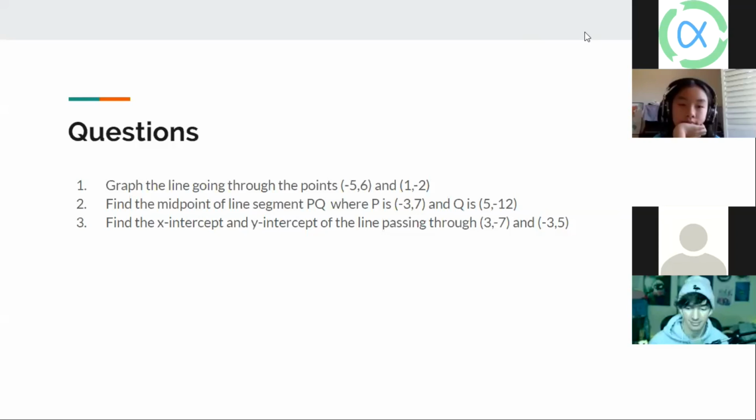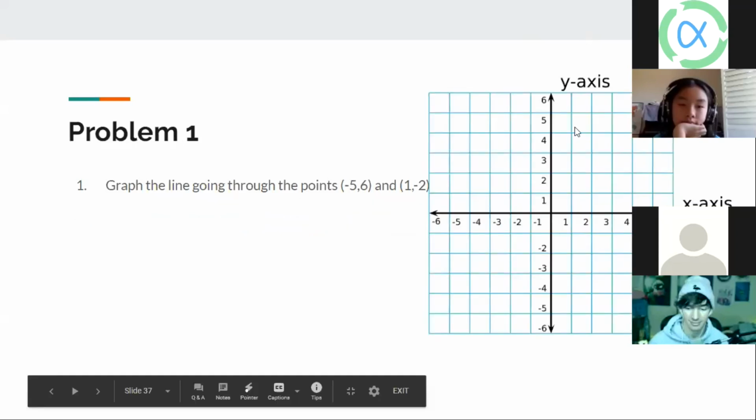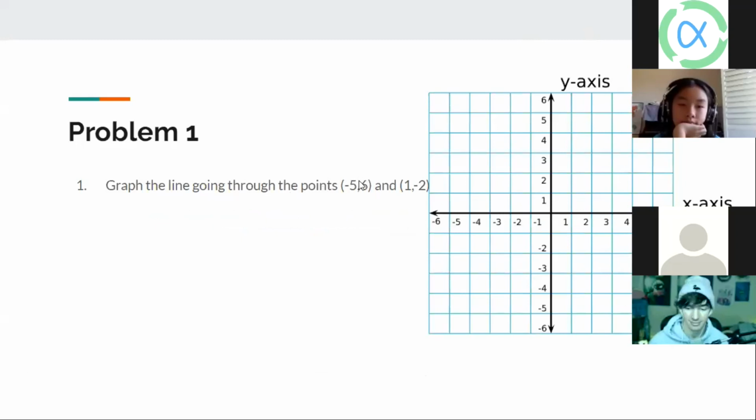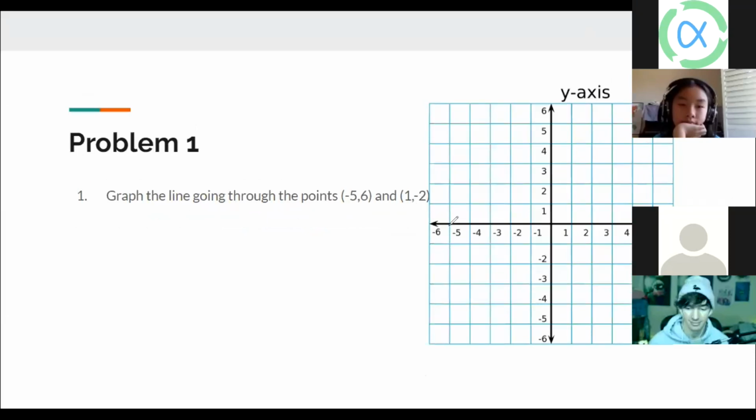Okay, let's go over them. The first question is, graph the line going through the points (-5, 6) and (1, -2). So our points are (-5, 6), which will be right here, and then (1, -2).